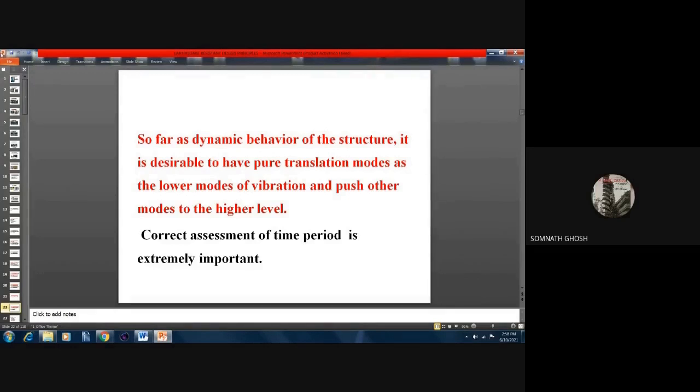And when the code is recommending something, some curve for soft soil, hard soil, medium soil, yes, you can use it. But those curves also have some limitations that you will be able to appreciate when I discuss microgeometry in detail.